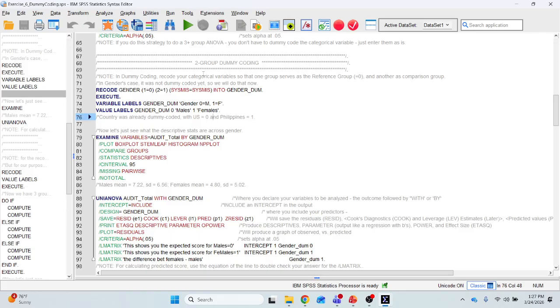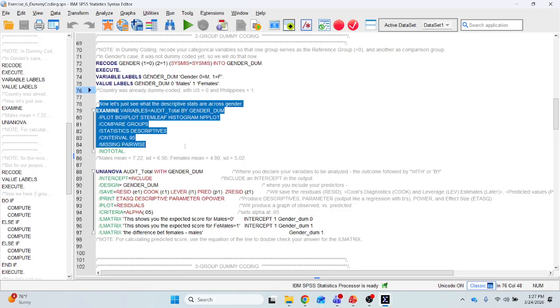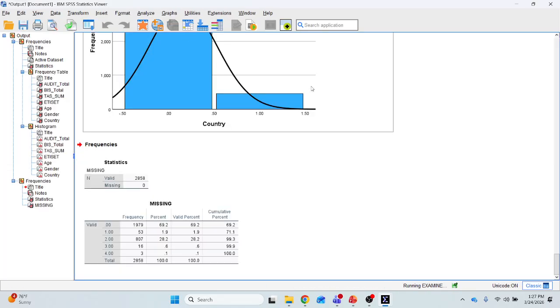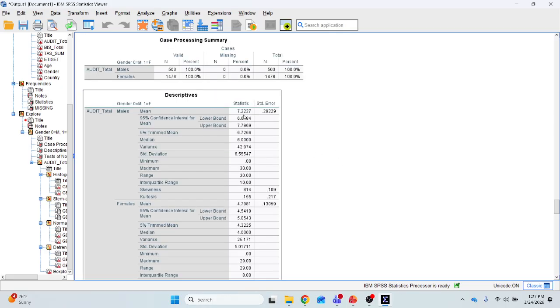All right. Yeah, the t-test using GLM. So this whole examine thing that you have is just descriptive statistics, right? So we will look at the descriptive statistics and we will see that the mean of the males is 7.22. That's correct.